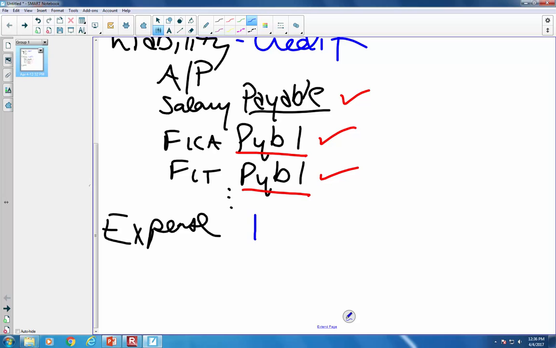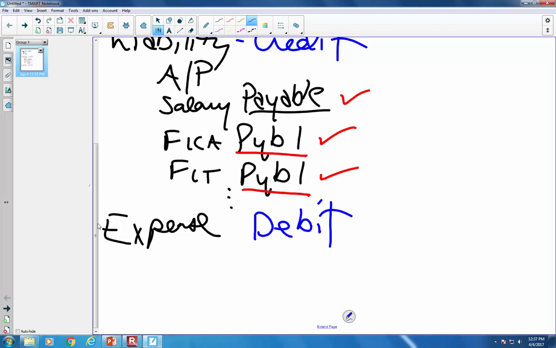You were teasing me. Revenues have credit balances. Expenses have debit balances. How do you make an expense account go up? You debit it. For our purposes, there's no reason you would make the account go down.